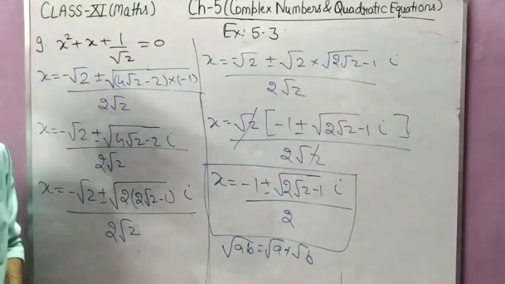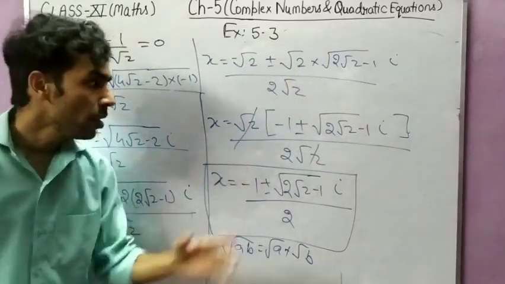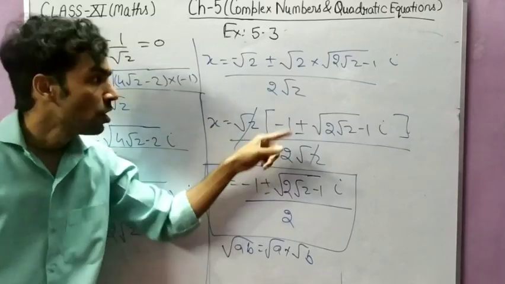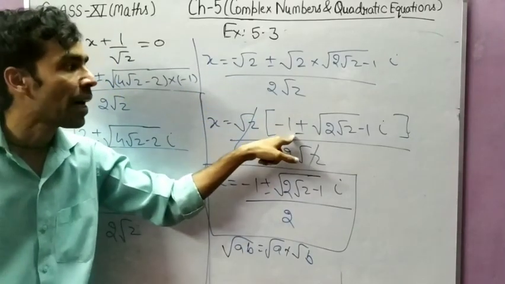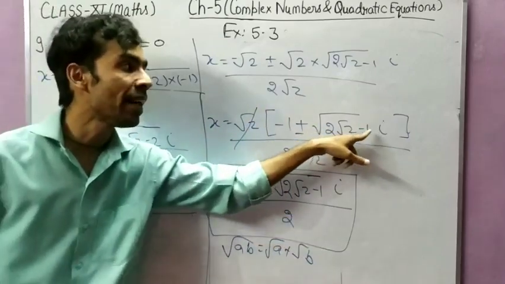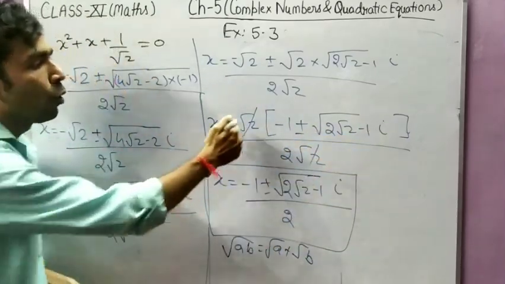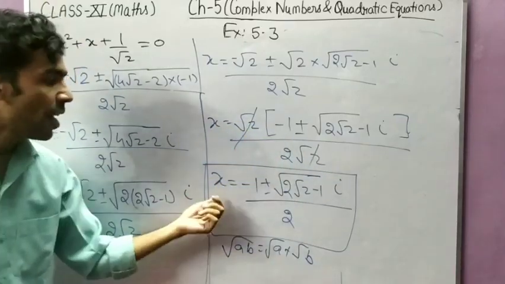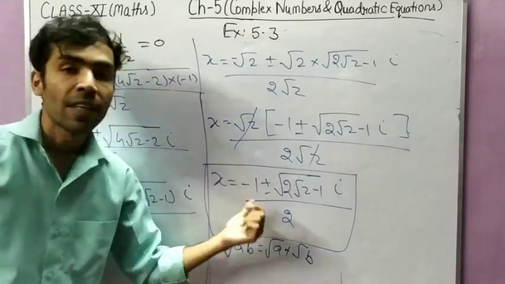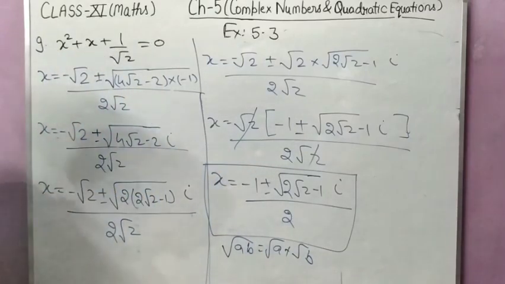Again between these two terms root 2 is common, so I have taken root 2 common. Inside the bracket here will come minus 1 and here will come plus minus under root 2 minus 1, i meaning iota, upon 2 root 2. Now root 2 is cancelled, so the value of x comes minus 1 plus minus under root 2 minus 1, i upon 2.